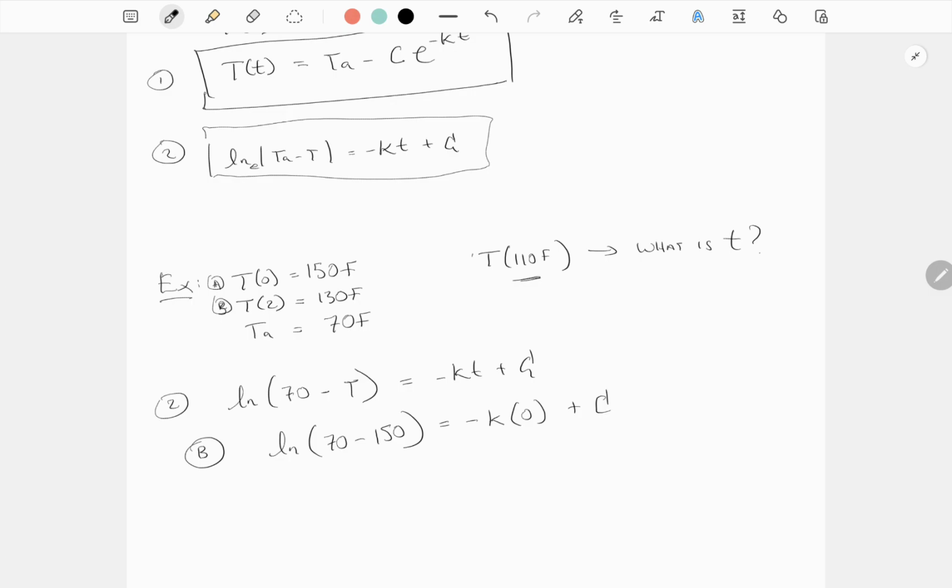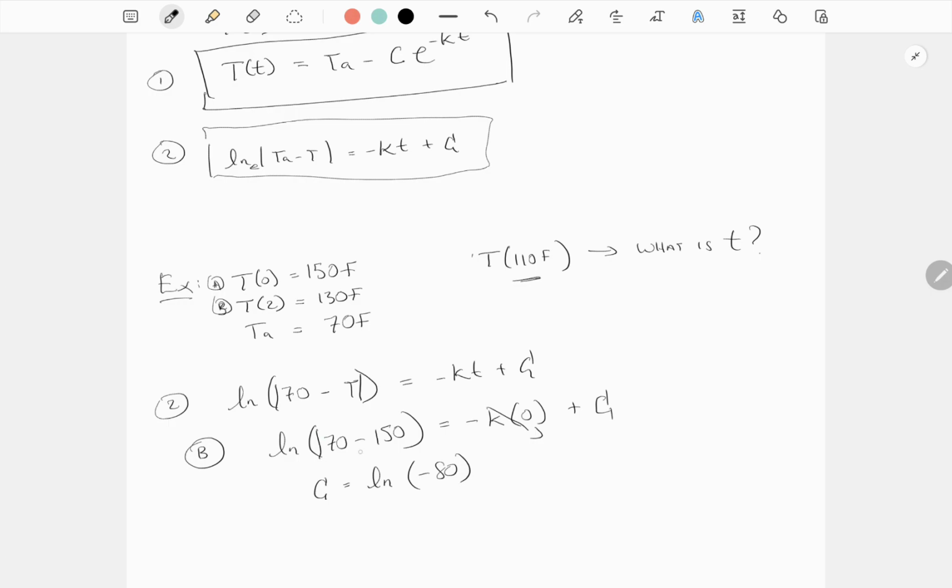Right, so what I have here is that this goes to 0, so C equals ln of negative 80. One important point: you see how the solution is the magnitude here?